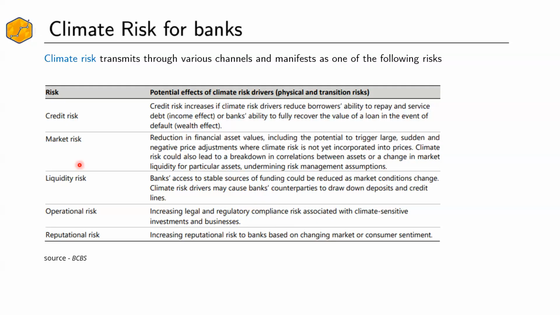Similarly, if you look at bond prices, even government bonds, right? If there are countries in a flood-prone area, West Indies, right? So the sovereign bond yield and spread also increase because of this flood.